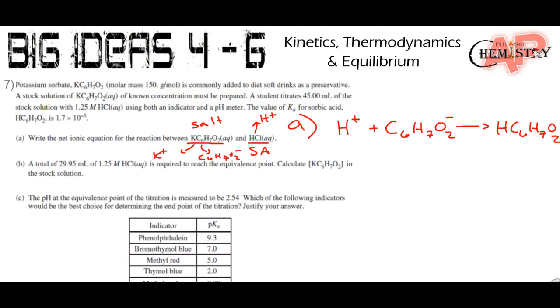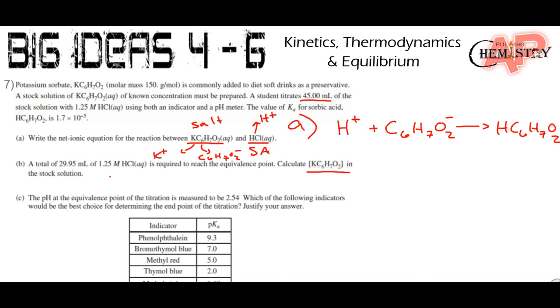Our next problem says a total of 29.95 milliliters of my acid is required to reach the equivalence point. Calculate the concentration of my KC6H7O2. It says that I use 45 mL of my solution.